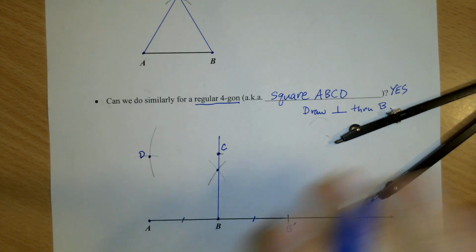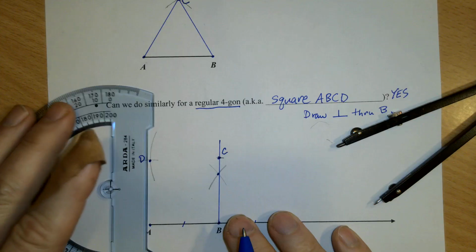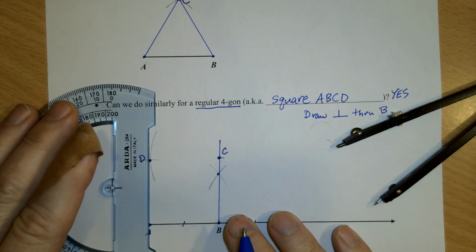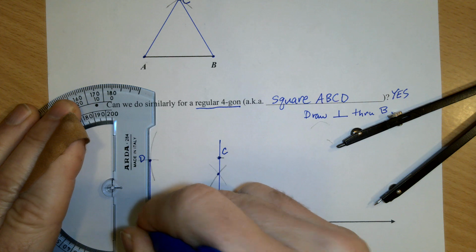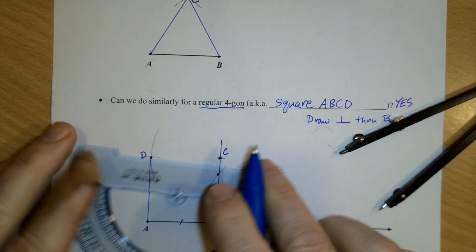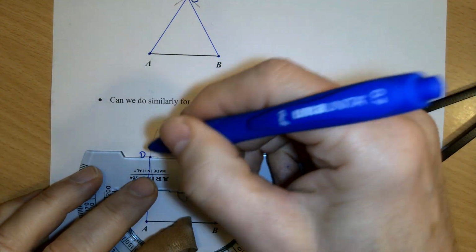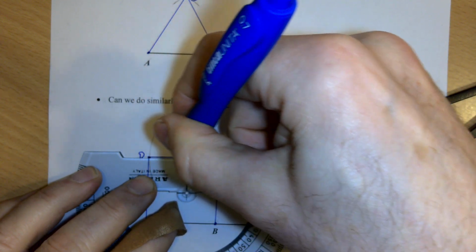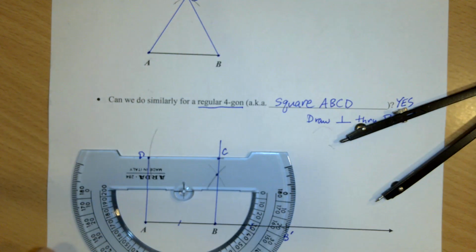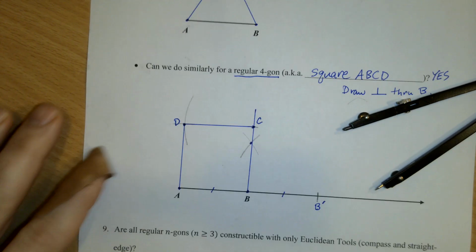Now I can just connect A to D, and then D to C. And we have a square.